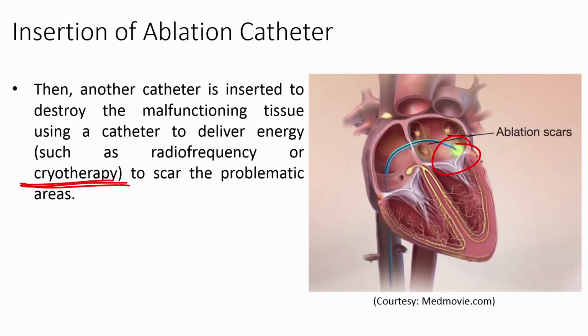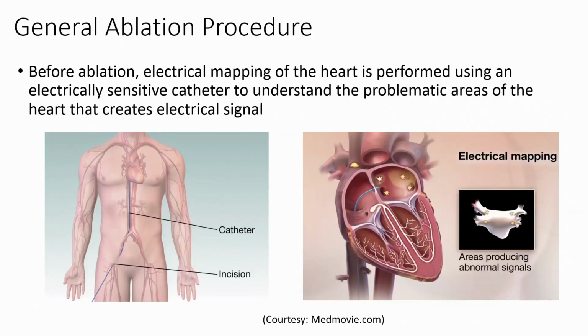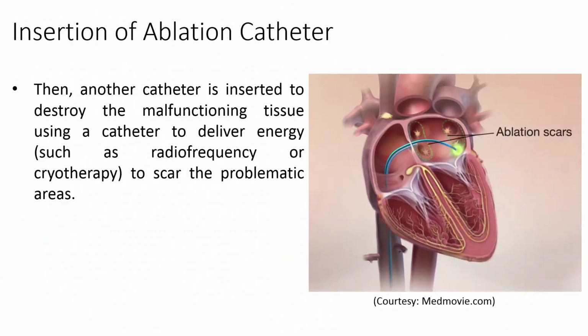When you use a very cold temperature, the tissue is again damaged, and that will also stop the passing of electrical signals, because the tissue is destroyed. So, first catheter for electrical mapping, second catheter for ablating the tissue, correct.